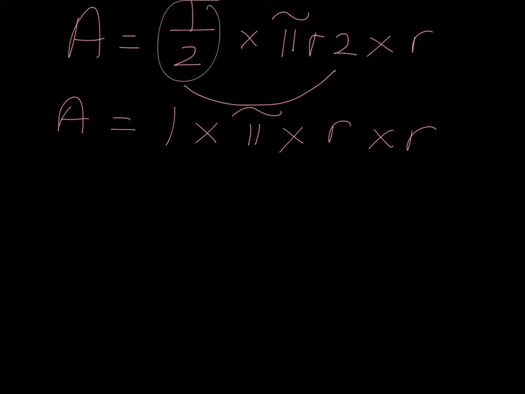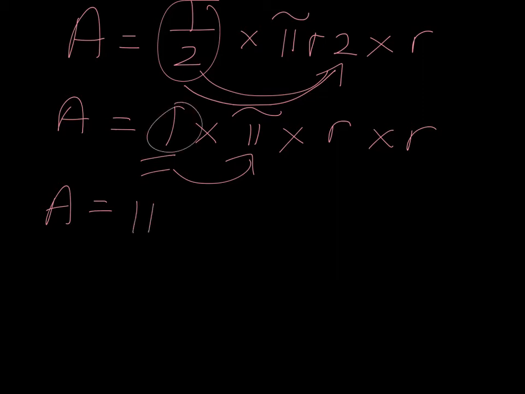Because all I did was solve for this. I did half times 2, and that equals 1, okay? So now the next step, 1 times anything is going to be that same number, right? 1 times 50 is going to be 50. So 1 times pi, 1 times 3.14 is going to be 3.14. So there's really no point in even putting the 1 there.